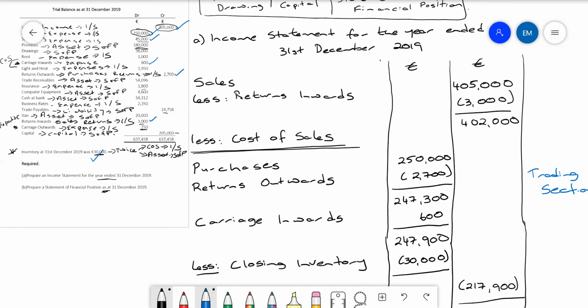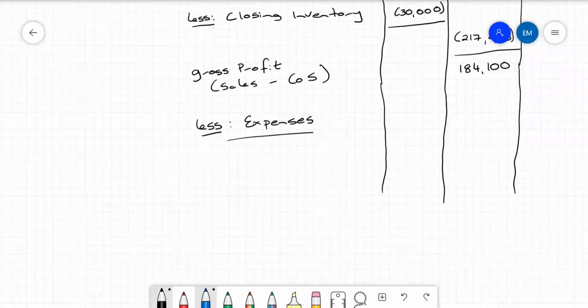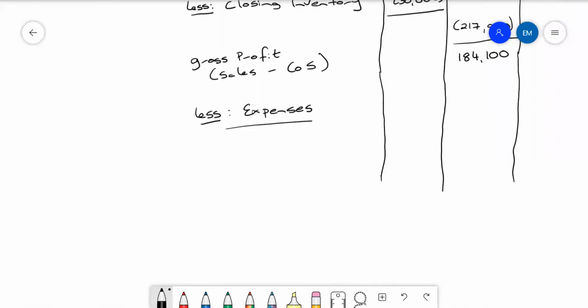Then we had rent of 1,000. Then we had light and heat of 1,950. Then we had insurance of 1,800. I'm just going to tick them off and list them all together. Then we had business rates, 2,350. And then we had our carriage out figure. So carriage in goes into the cost of sales figure, carriage out goes into the expenditure section, €750. So that was 6 expenses. I'm going to write them all in now.